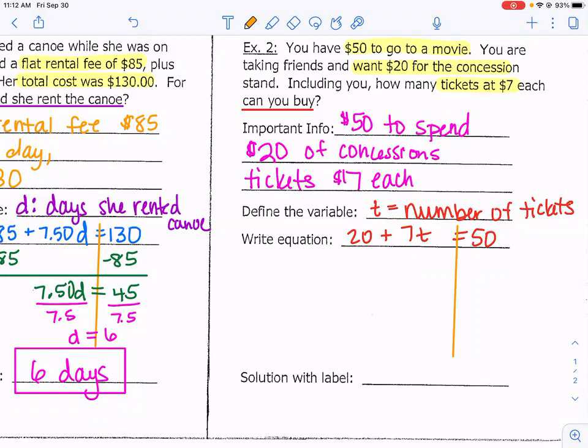Okay. Harper, what should we do first to solve this equation? That's minus 20. Good. We get 30.